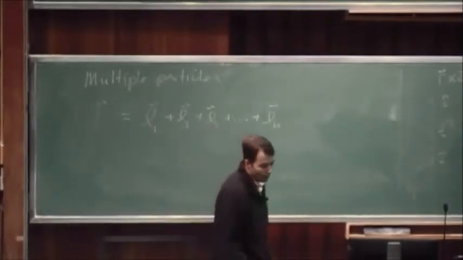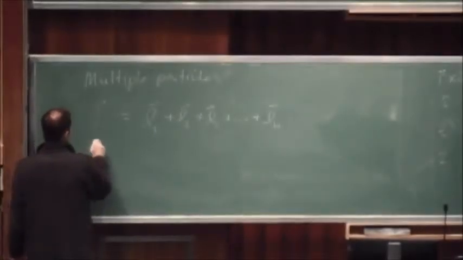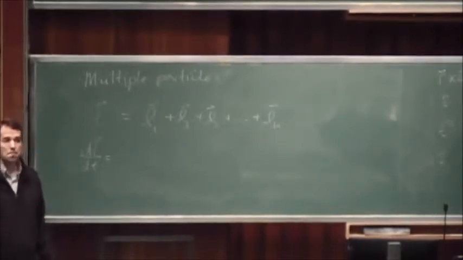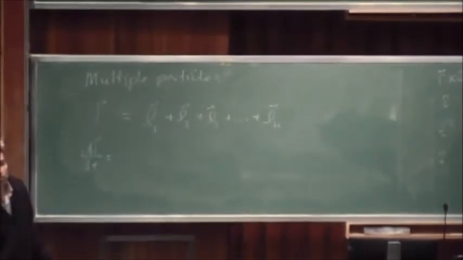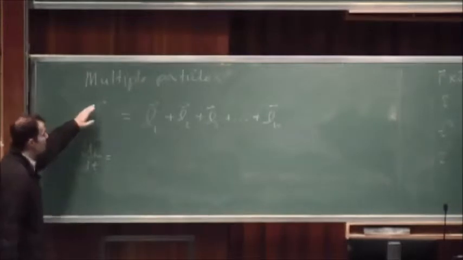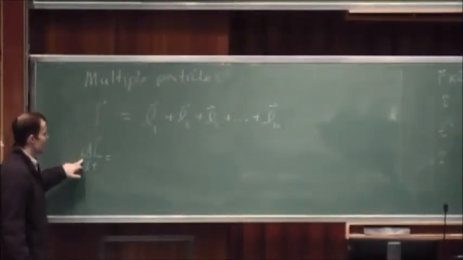Okay? Now, if I look at dL/dt, what do I get? Well, if I take dL/dt, I want to find the time rate of change of angular momentum of the entire system.